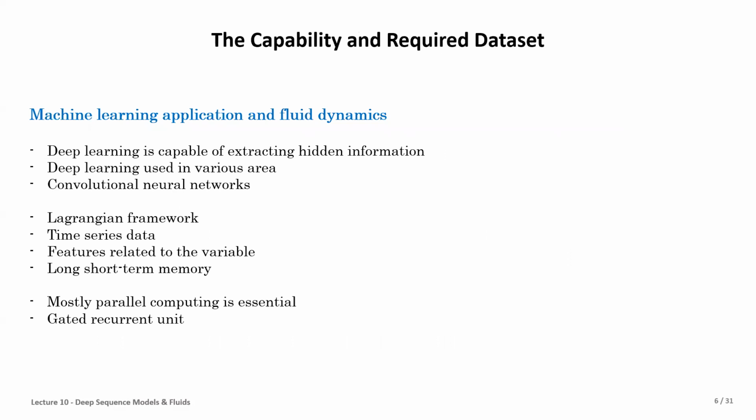Regarding the available data and the data set designed from the experiment, we should mention deep learning is capable of extracting the hidden information from the many layers in the model.